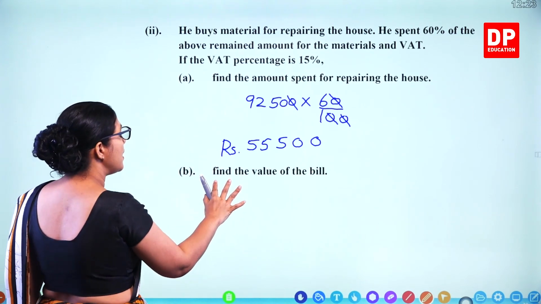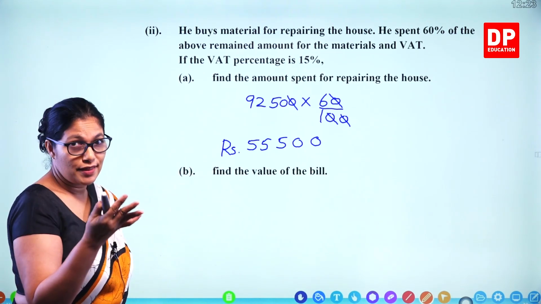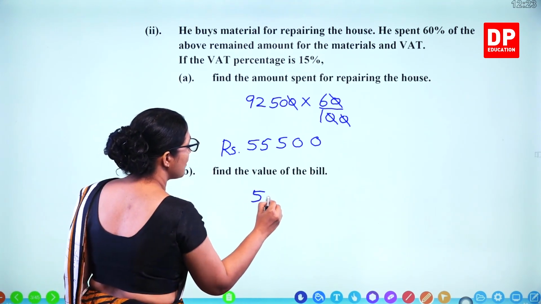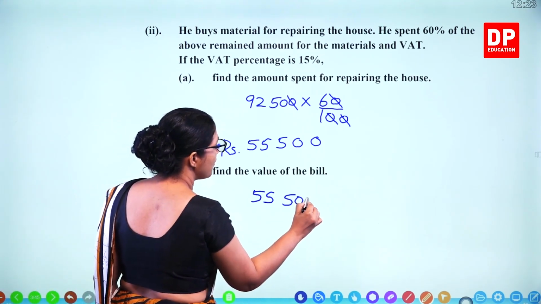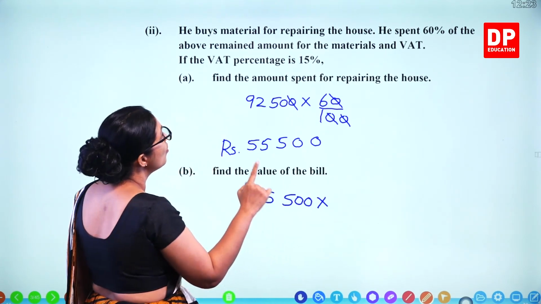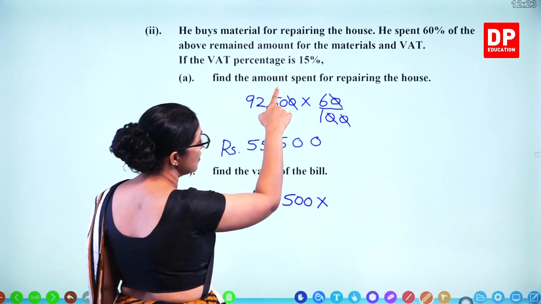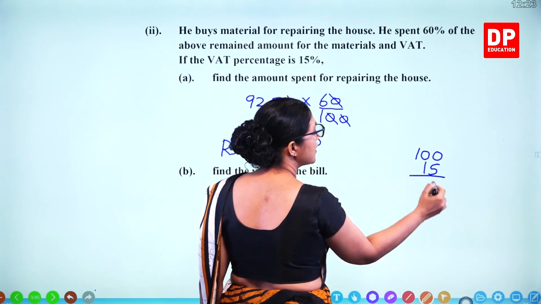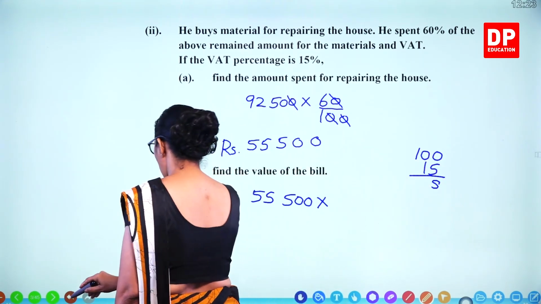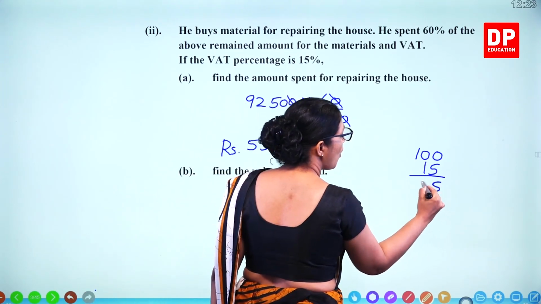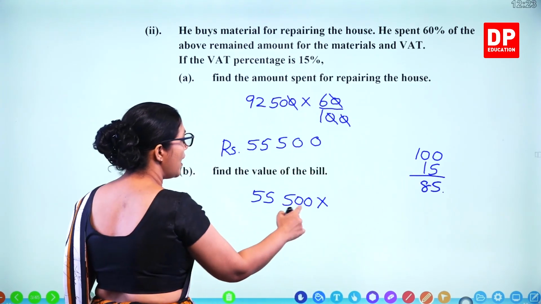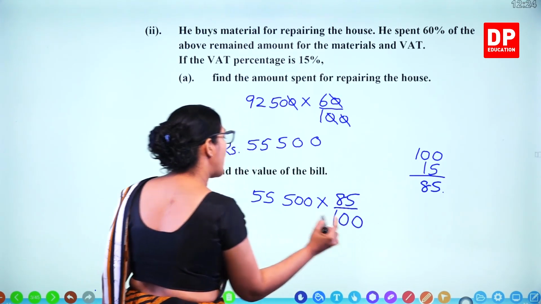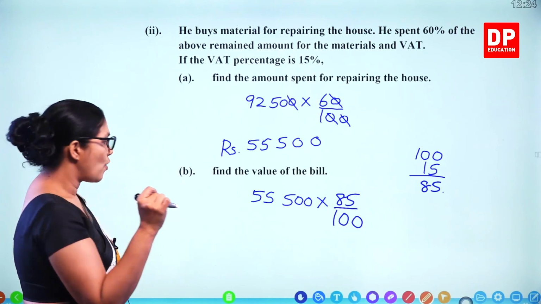Now in part B, they ask to find the value of the bill without the VAT. So what's the bill then? 55,500 into, what? 100 minus 15 is 15% VAT. So you get 85% of the other part. So 85% you have to calculate without VAT, only the bill amount.